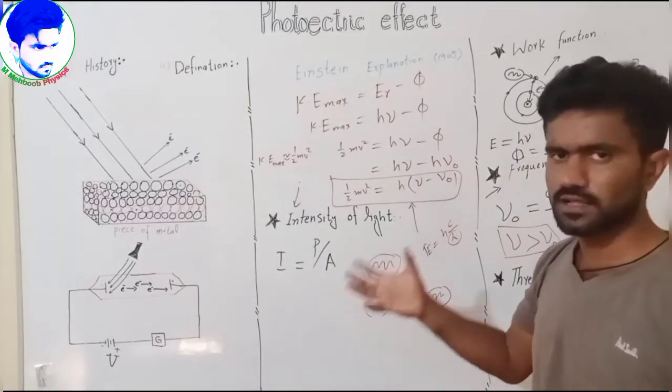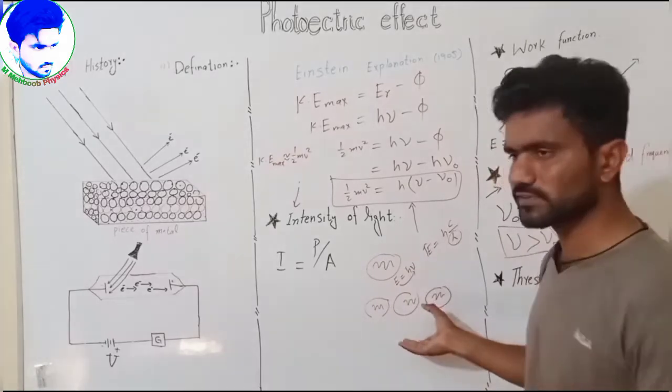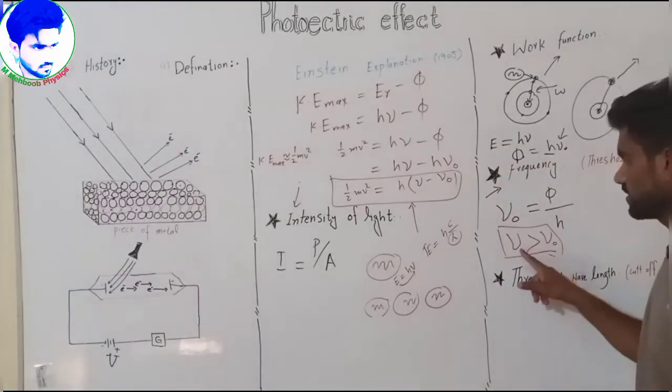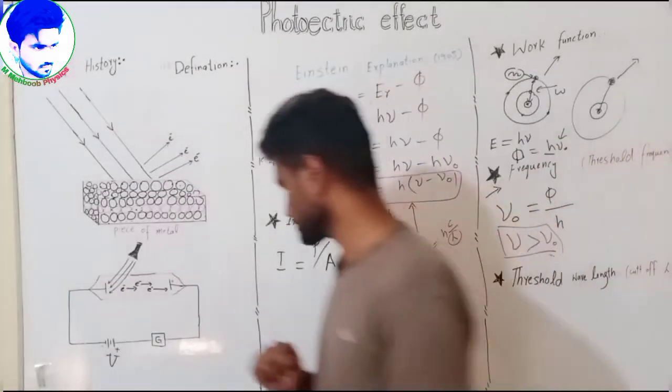You can say that the current will increase by increasing the intensity of the light when our frequency is greater than the threshold value.